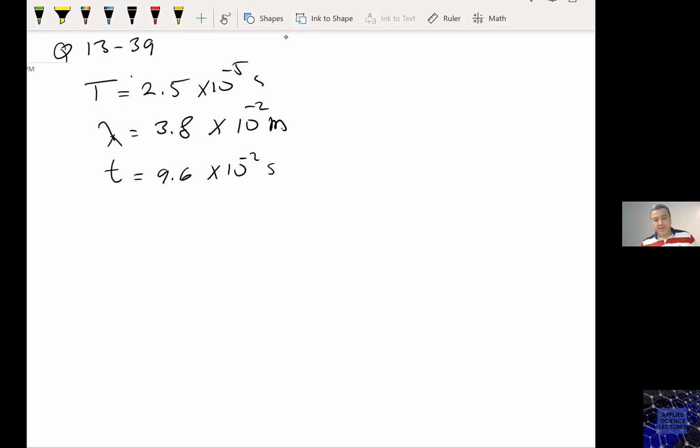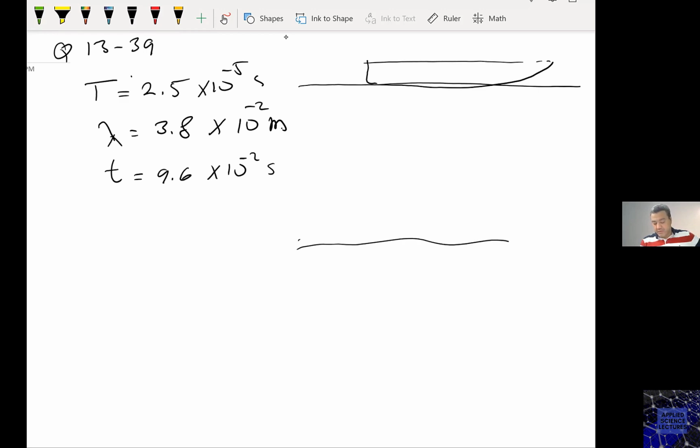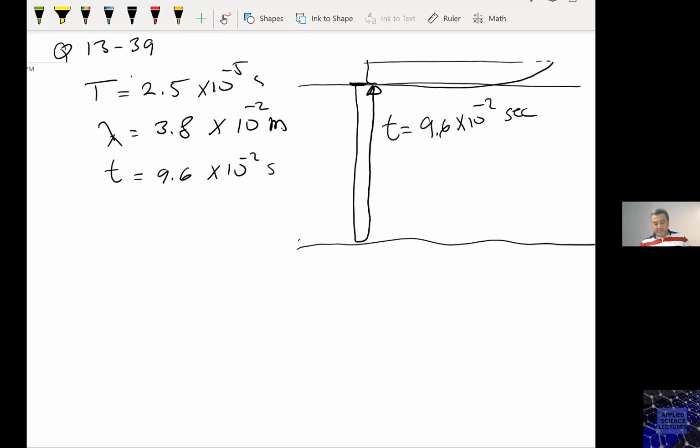This is the time the pulse takes. So this is my boat. Then the time the pulse takes to go all the way and come back is 9.6 times 10 to the power minus 2 seconds.